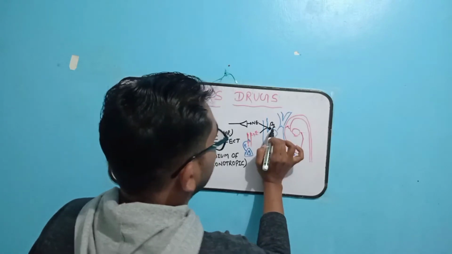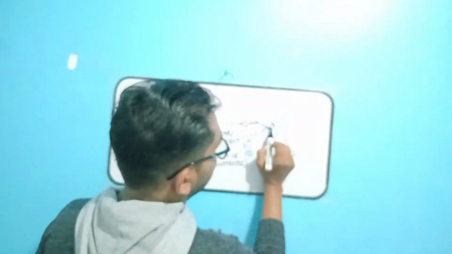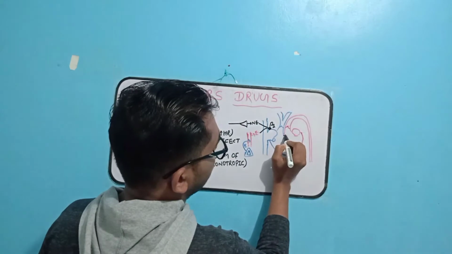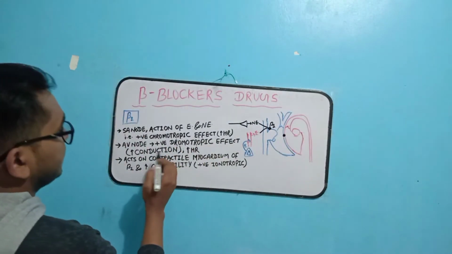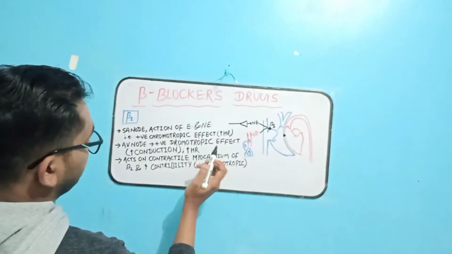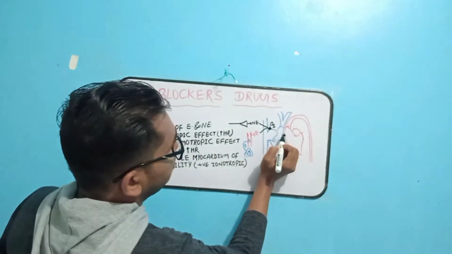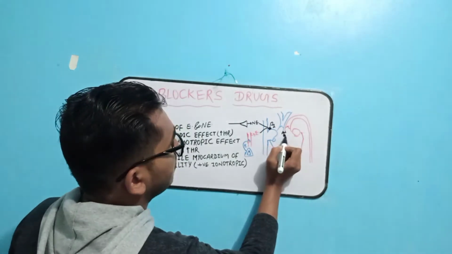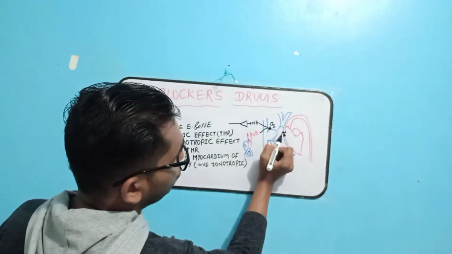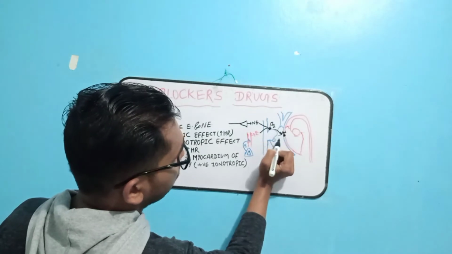Second, the beta 1 receptor stimulates the AV node. When the AV node is stimulated, it leads to the positive dromotropic effect. It means an increase in the conduction from the SA node to the AV node.